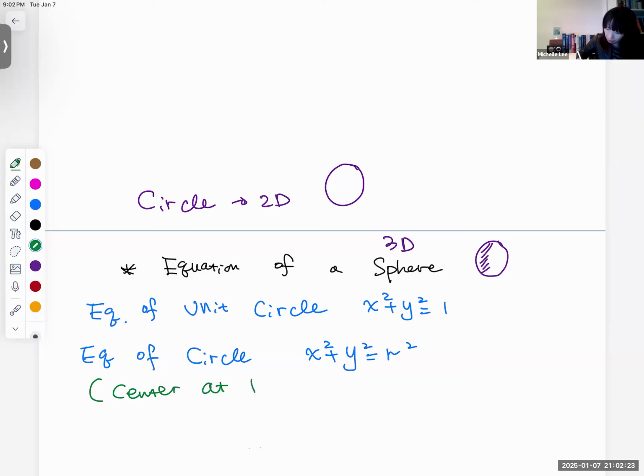Center at the origin, which is 0, 0, right? Then for a sphere with the center at the origin, the equation is x squared plus y squared, and then we add a z because of 3 dimensions. So z squared equals r squared.